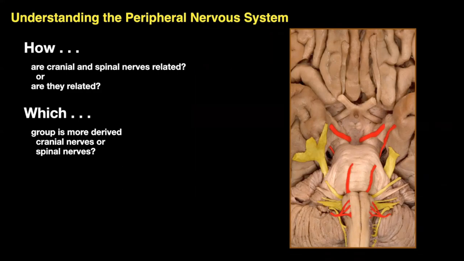But in the ventral root of a cranial nerve, there are only skeletal motor neurons. Whereas in the dorsal root, there's visceral motor, somatic sense, visceral sense, and then even some skeletal motor. So which are more derived, which are more specialized, which are more primitive?